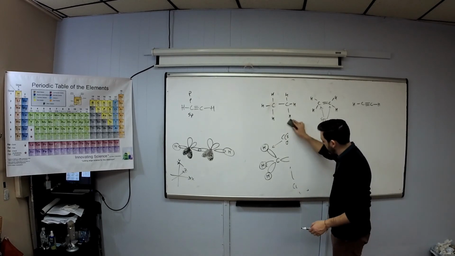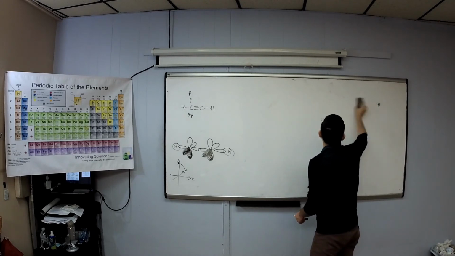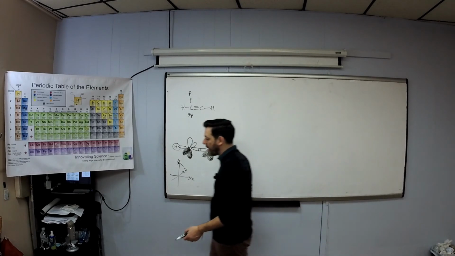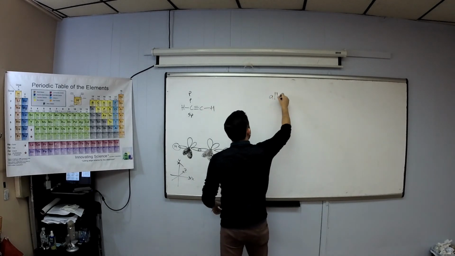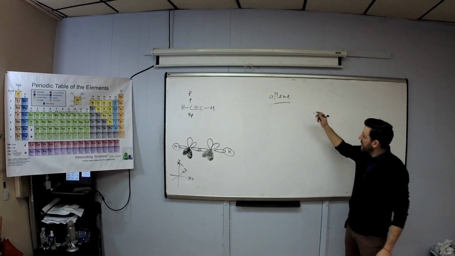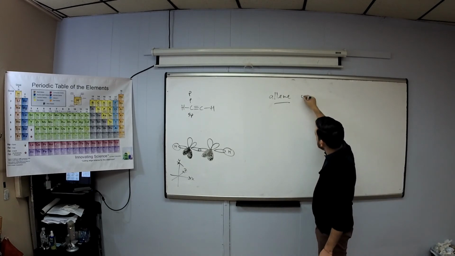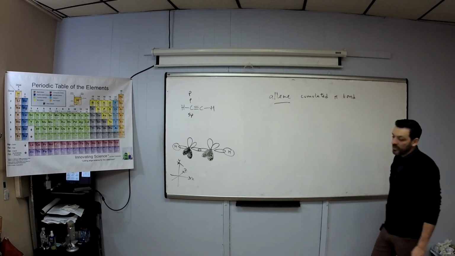Because from here comes this question. What is the shape of molecules that are called allenes? Allene is a molecule that has a cumulated pi bond system.